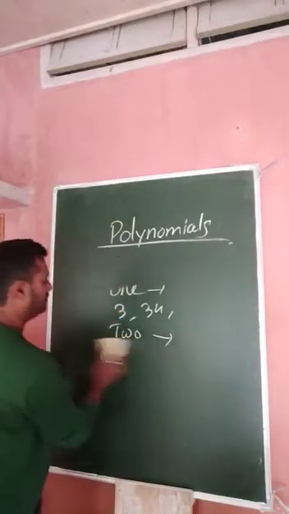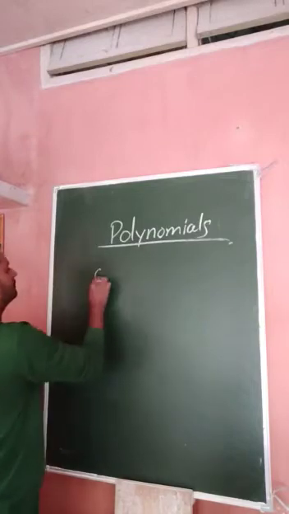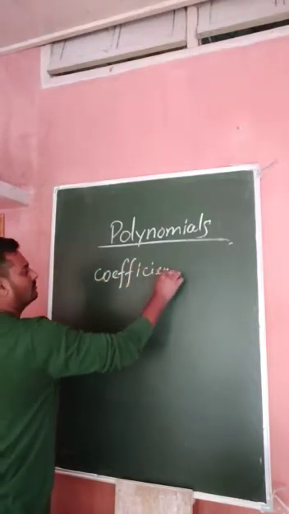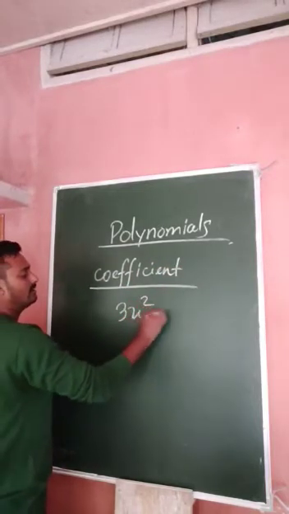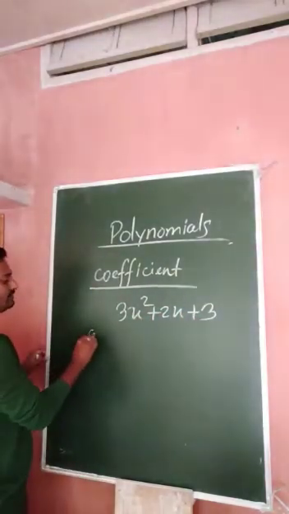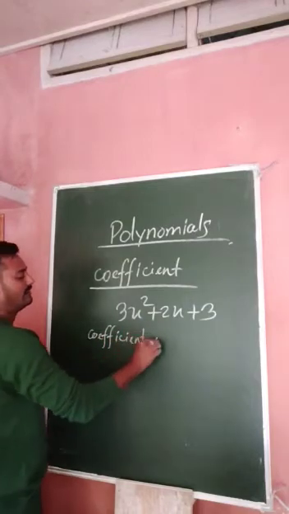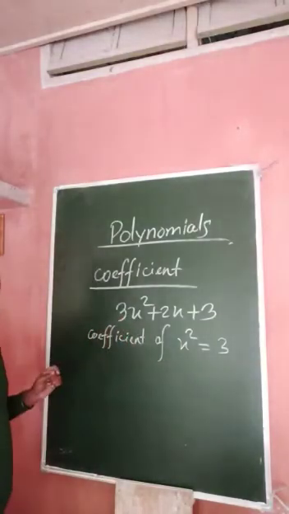So the next part is coefficient. Suppose the polynomial is 3x square plus 2x plus 3. In this case, the coefficient of x square is 3, the constant which is multiplied with the variables.